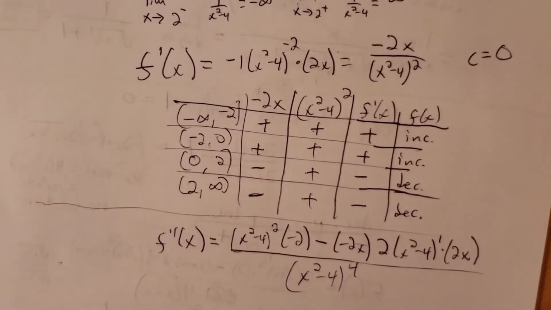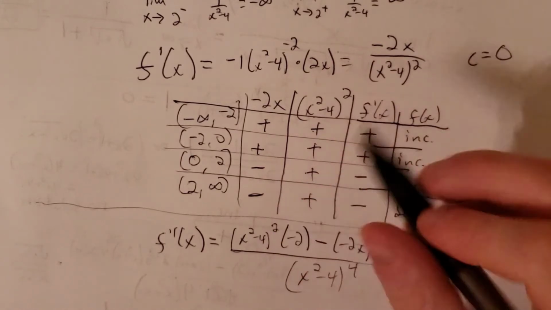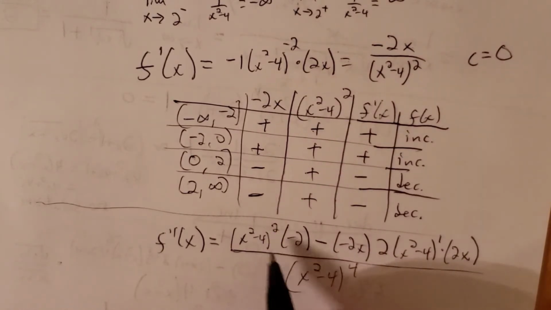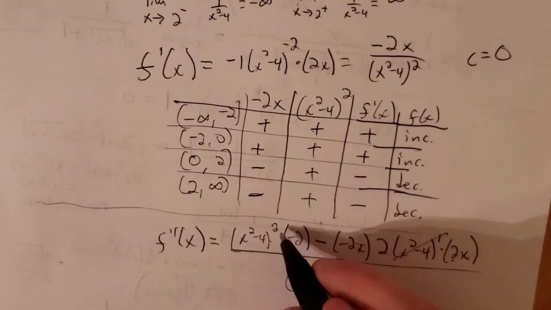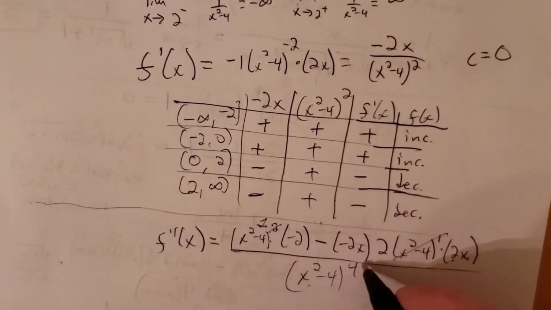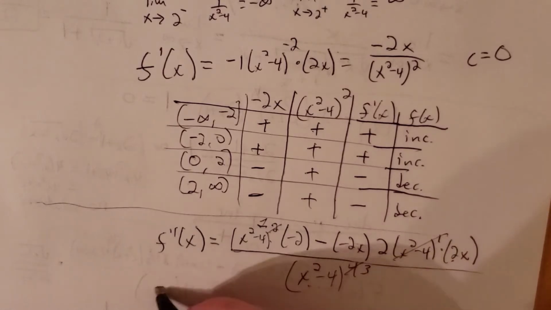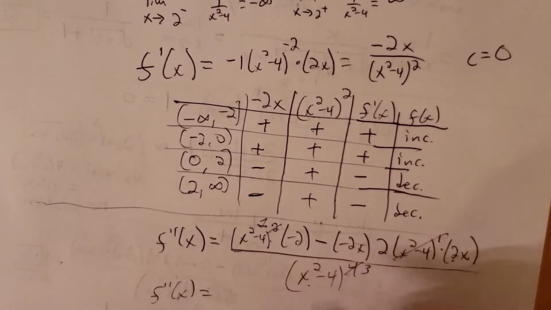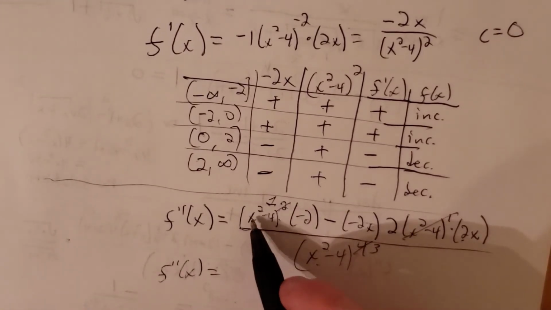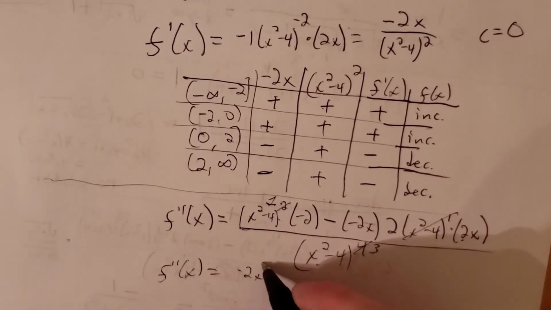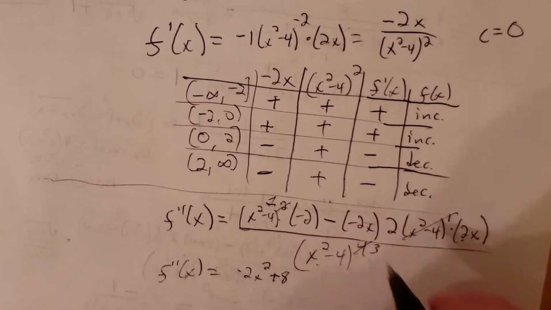All right, so we get at least one x squared minus 4 factor in each of these terms. So one of them cancels out here, one cancels out here, and one cancels out here. So we're left with f double prime of x is equal to, all right, we get negative 2x squared plus 8.